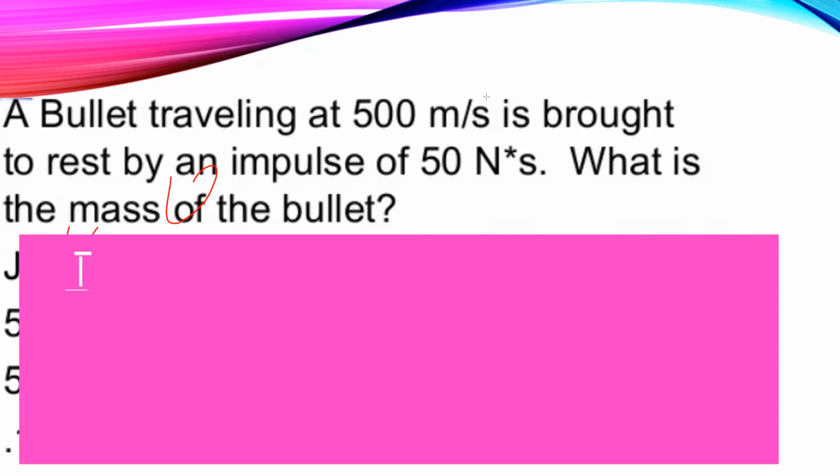So impulse is m times v. The mass is unknown.